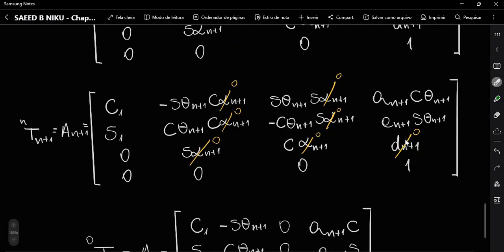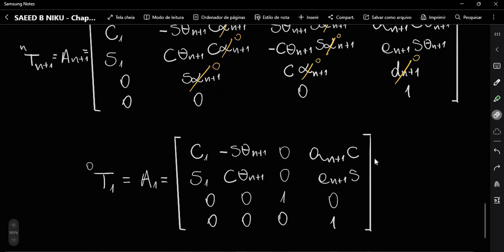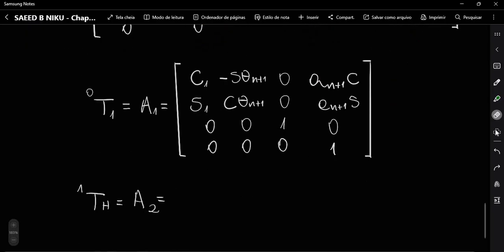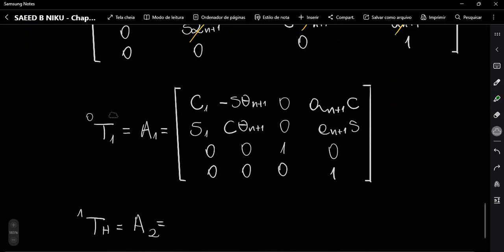So again, the values are the same. We just need to change the index right here. Now let's change it to 2 because it's for theta 2.